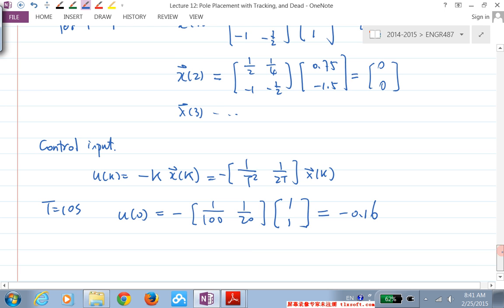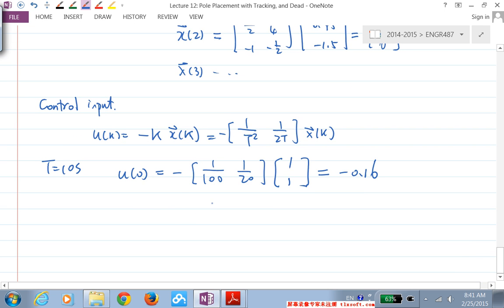And now when t equal to 10 seconds, you can keep multiplying it here. Then what is u of 1 equal to? Yeah, keep going.